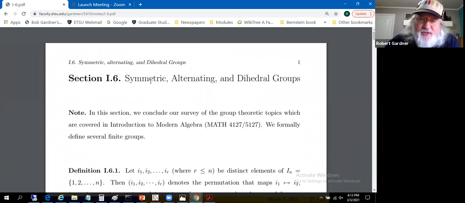The dihedral groups, it turns out, were subgroups of the symmetry groups as well. There's something really fundamental about groups of permutations. Every group is isomorphic to a group of permutations, we'll say at some point later on. And this allows for infinite permutations as well. A permutation of an infinite set is a bijection of that infinite set to itself.